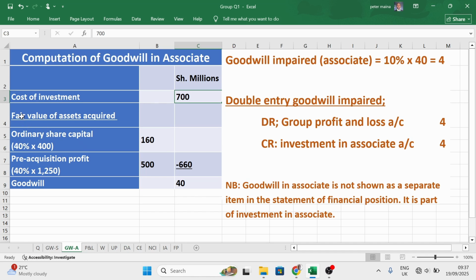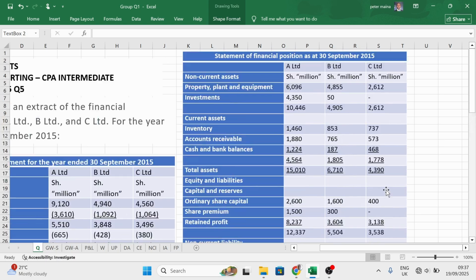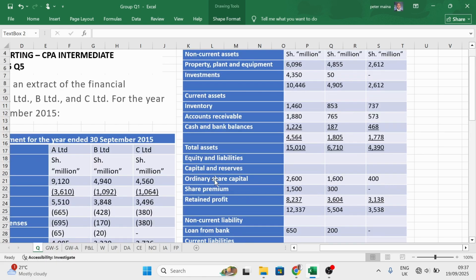And then take the fair value of assets acquired. These are the equity items in the statement of financial position of C Limited. So we go to the question, we go to the statement of financial position, we go to capital and reserves. We want the items in the last column of C Limited. We start with ordinary share capital, 400.